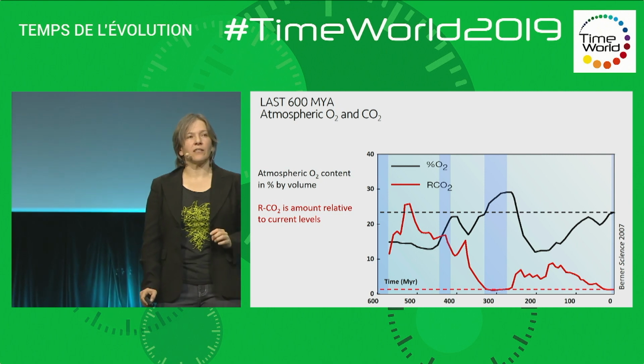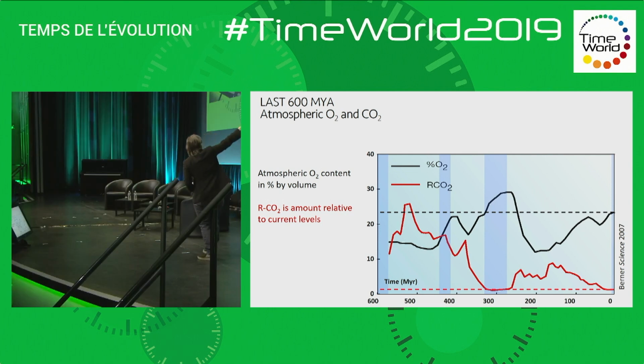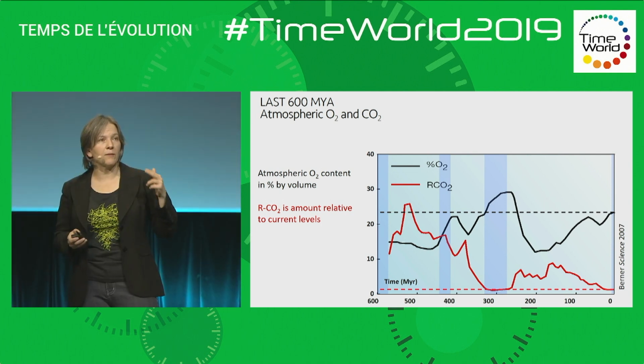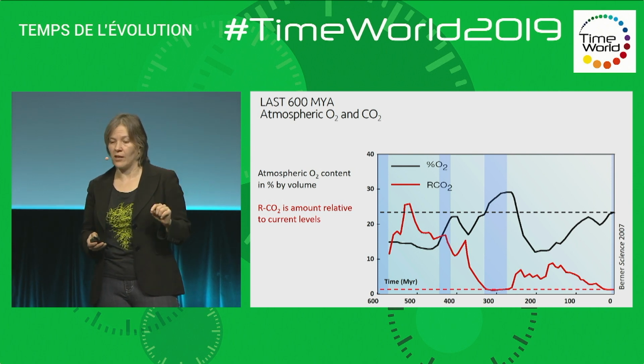So this diagram shows the atmospheric levels of oxygen and CO2 over the last 600 million years. On that side, to the right, is the present, and on that side is 600 million years ago. In black is the level of oxygen in the atmosphere, in percent by volume, and the dotted line indicates the oxygen levels that we have right now.